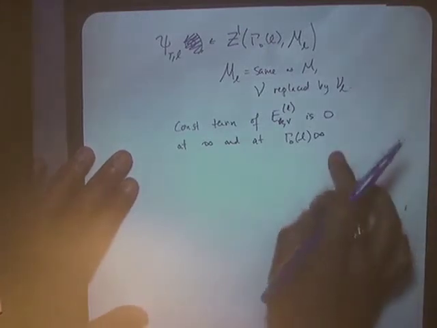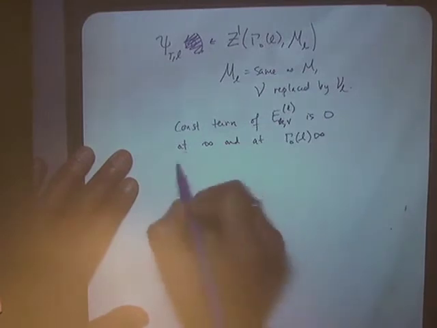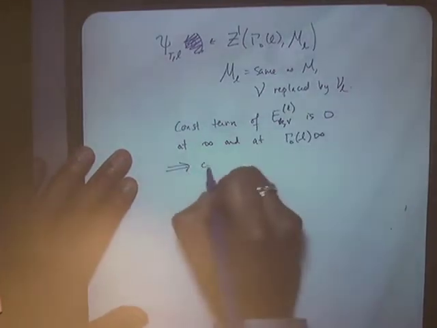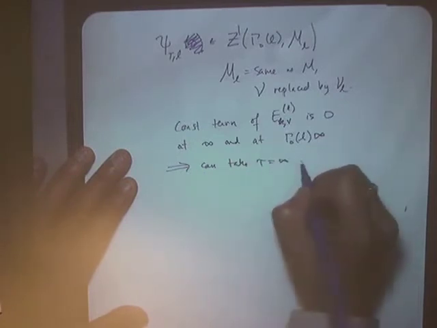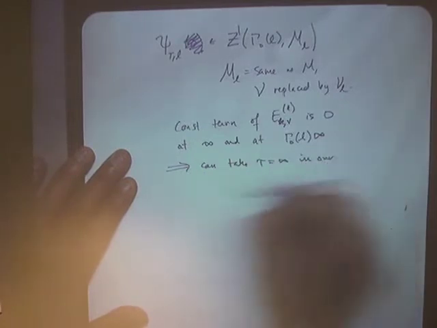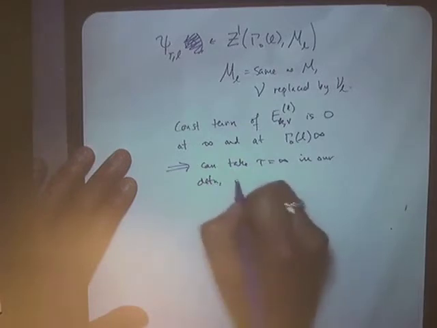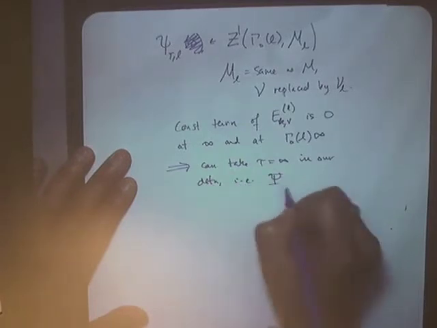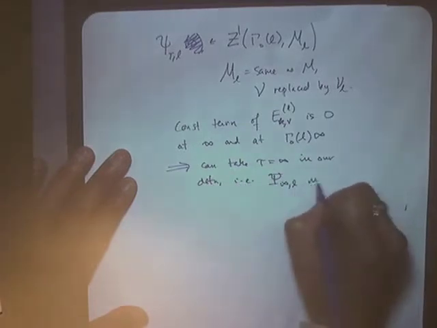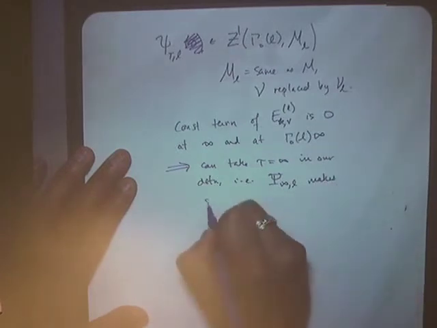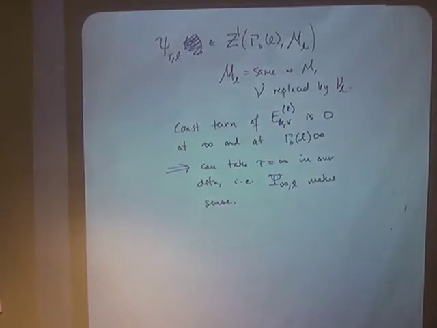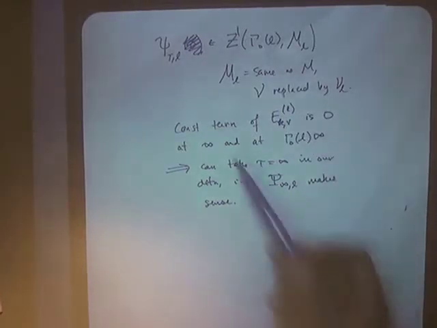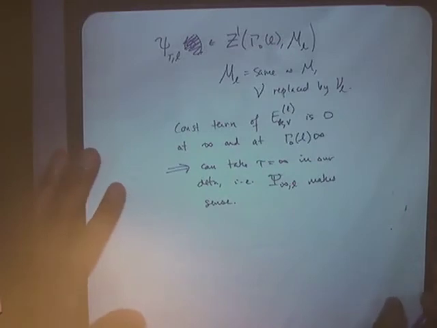This is a nice property because it implies that we can take tau equals infinity in our definition, i.e. that psi infinity L makes sense. I can always integrate from infinity to another cusp in gamma naught of L infinity because the constant terms are 0 at those cusps.